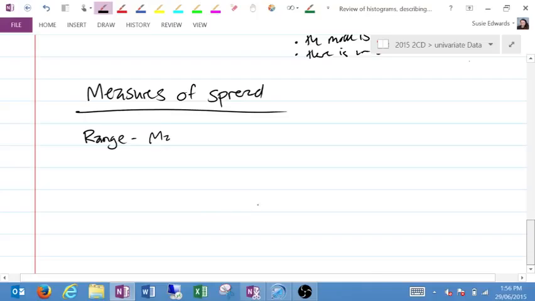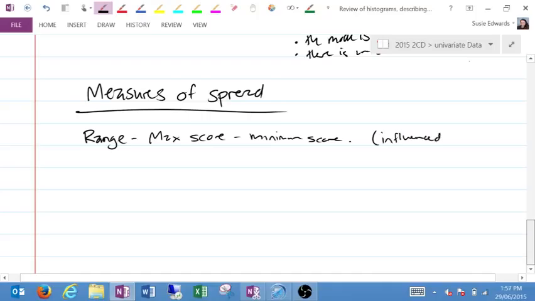It's the maximum score minus the minimum score. It is 1 number answer. What is the range really influenced by? Outliers.